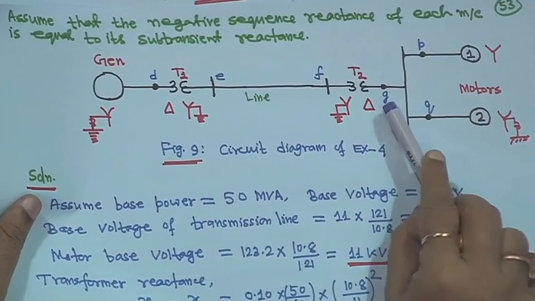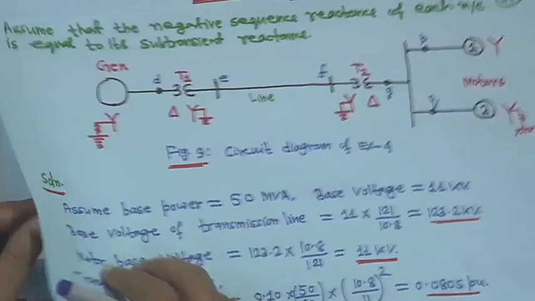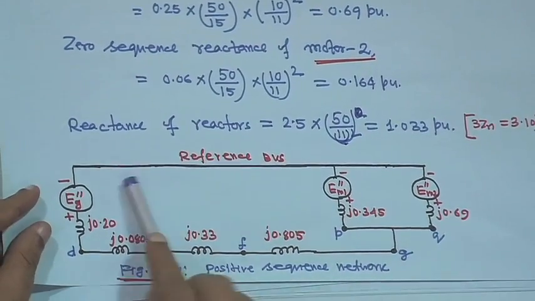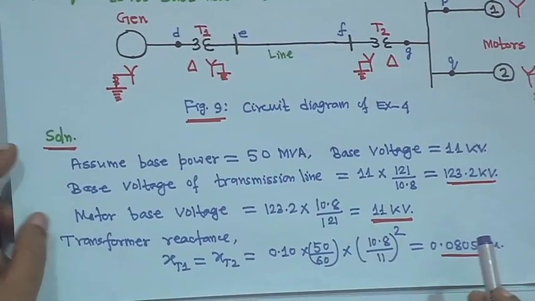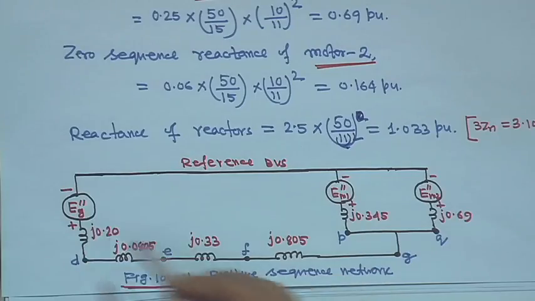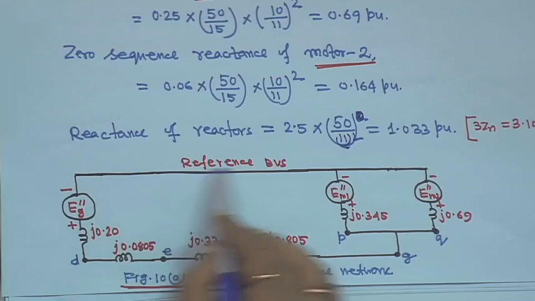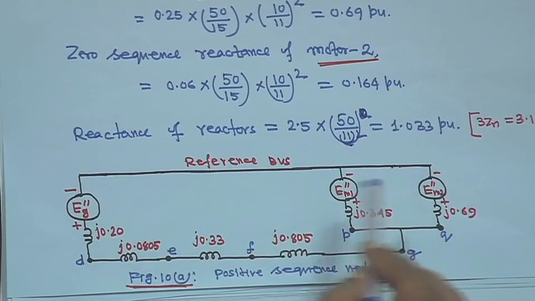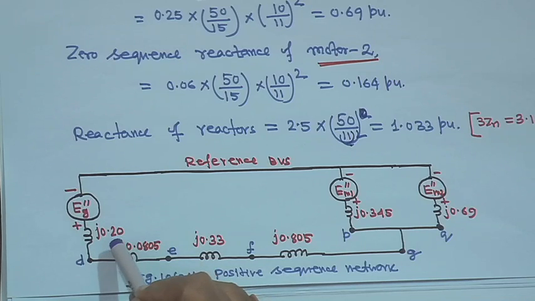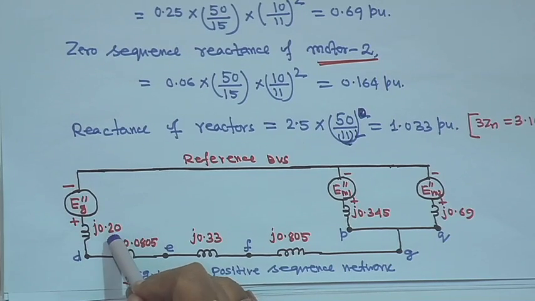This is marked as G, I have marked it now as G. So this is the reference bus, you have to take one reference bus. Now, this is your generator, all subtransient parameters are given for the generator and motors. So this is E G double dash, this is the reference bus, any one you have to take as the reference, and this is plus minus, and this is J 0.20 for the generator.